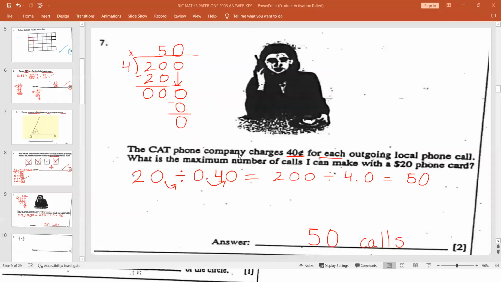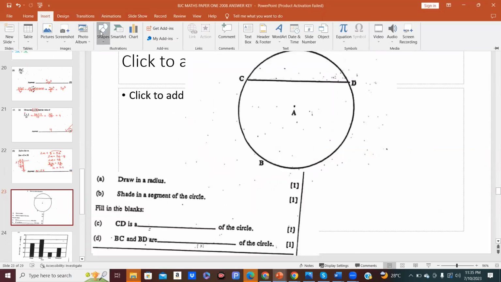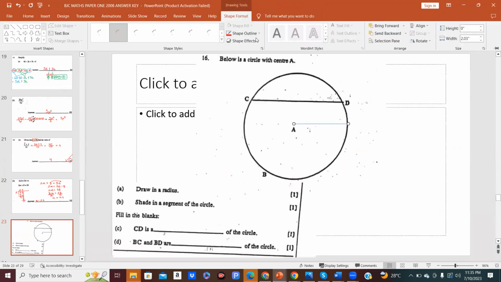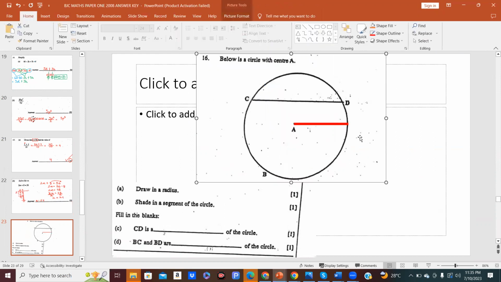So let's insert a radius from here to here. Right, so let me enlarge it. So that's the radius right there.